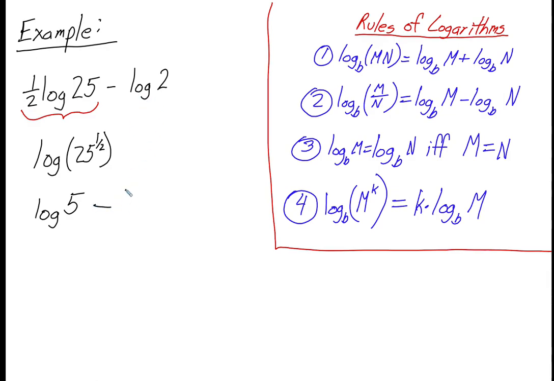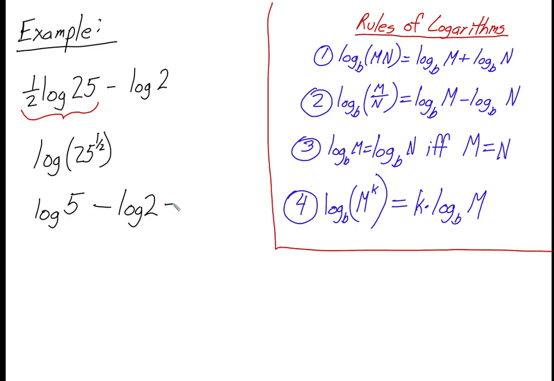Then we still have this log of 2 that we were subtracting at the beginning. And now this looks just like rule number 2: the log of m minus the log of n. In this case, m is 5 and n is 2.